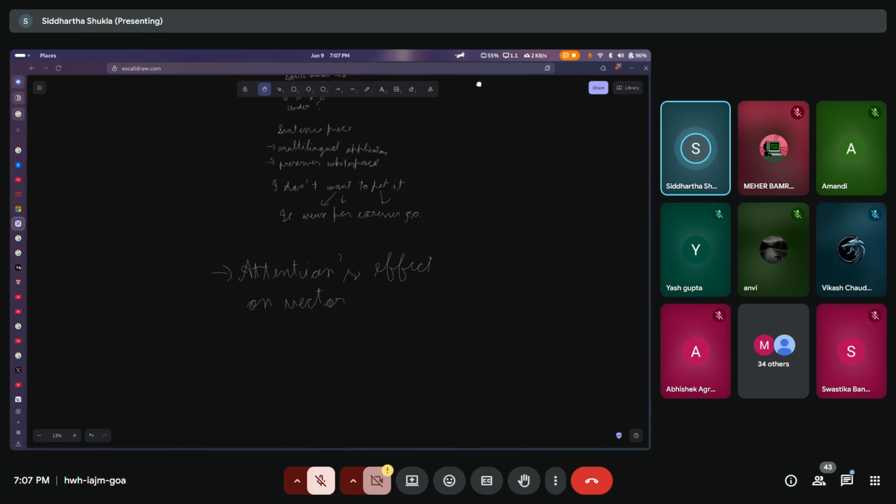So how do LLMs work now? I told you last time there's an embedding matrix that serves as a lookup table for all of these vectors, and all of it then gets passed on to a self-attention layer.